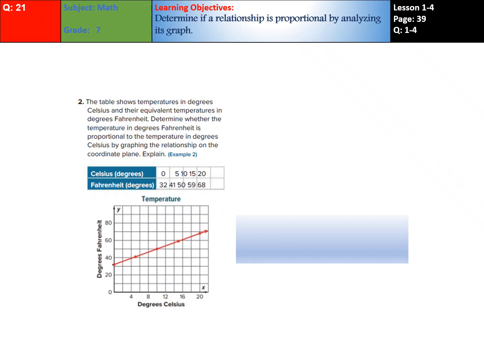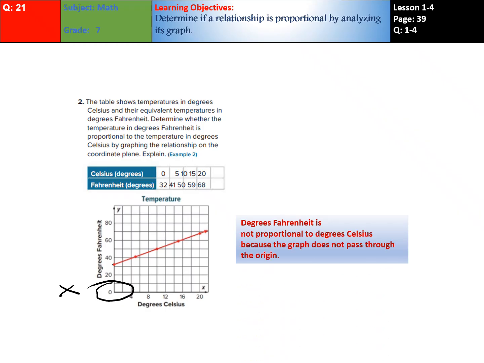Now look here, the graph is a straight line but it does not pass through the origin. It means the graph is not proportional. So you will say that degrees Fahrenheit is not proportional to degrees Celsius because the graph does not pass through the origin.